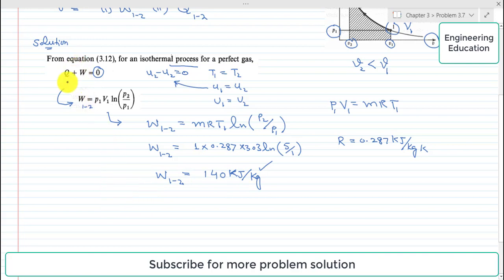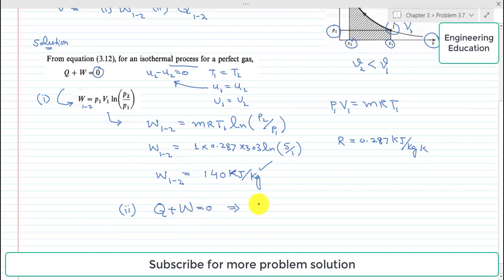Also we discussed that Q plus W is equal to 0. We are required to also find the heat supplied. This was for work done. We first found the work done, and now we are going to find the value of heat supplied. So for isothermal process, for perfect gas, the expression of the first law becomes Q plus W is equal to 0.